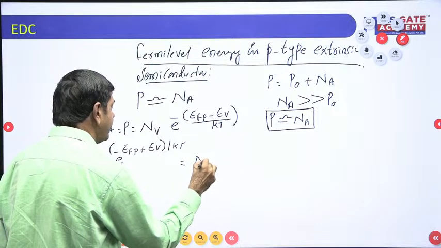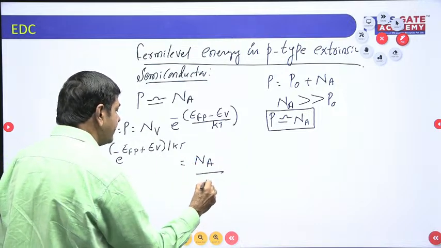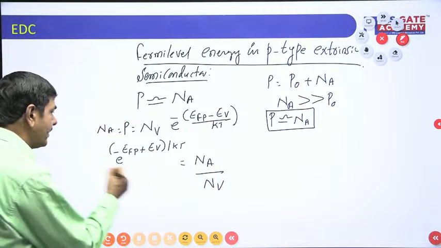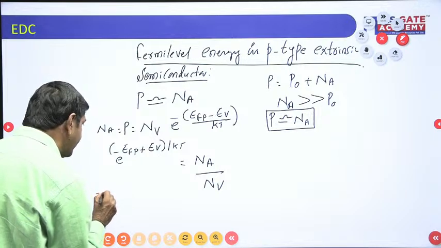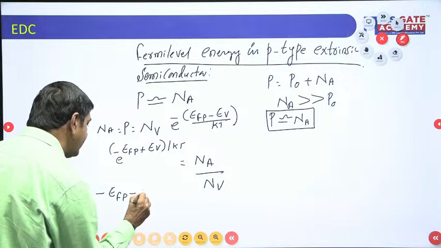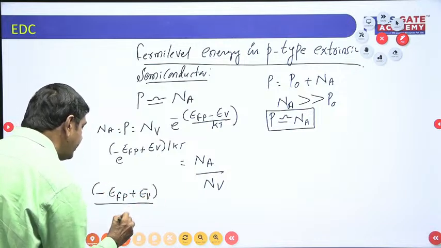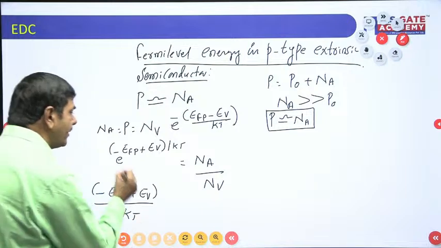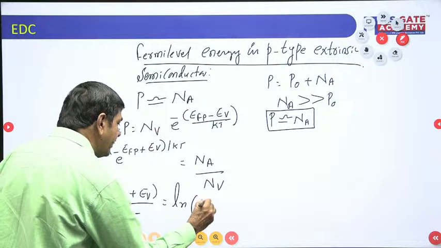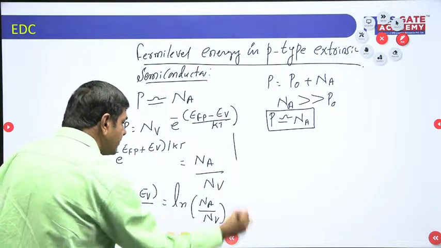So Na by Nv is possible here. Taking log on both sides, I will get minus (EFp minus Ev) divided by kT. Even so, it is taken this side, ln of Na by Nv we are going to use.